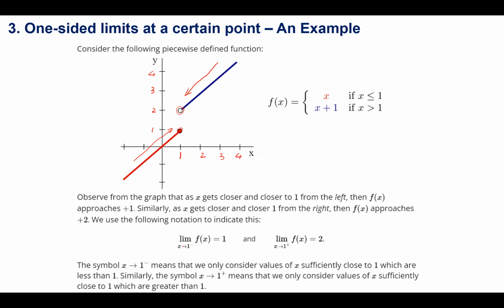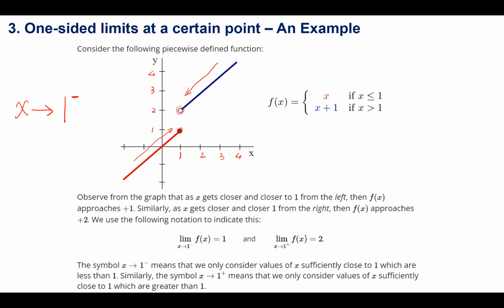So we write the limit of f(x) as x approaches 1 from the left side. You should write it like this: x approaches 1 from the left side. We simply put a negative symbol on the top right of this number. You understand? So this limit equals 1.